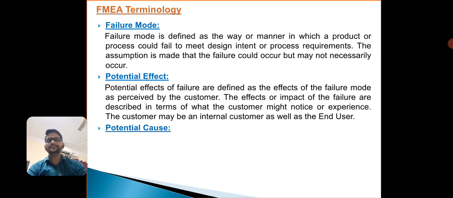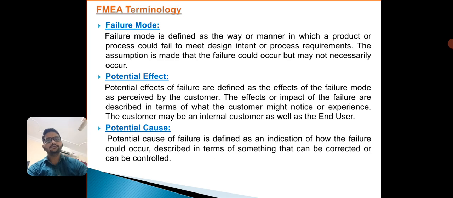Next is potential cause. Potential cause of failure is defined as an indication of how the failure could occur. It is described in terms of something that can be corrected or can be controlled.